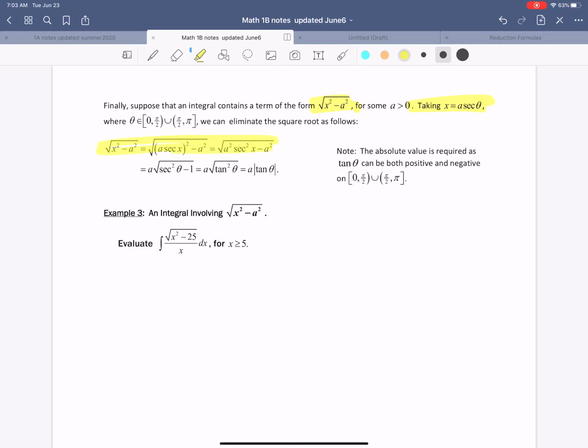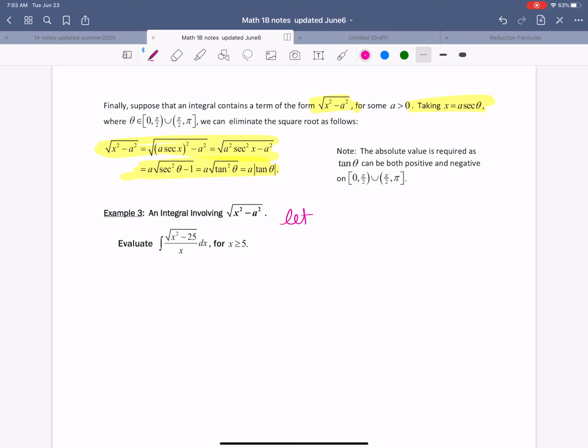If I let x be a secant theta, we would be able to use our trig identities, Pythagorean identities, and have just a tangent theta out without any secant theta hanging out there. Okay, so let's go ahead and look at an example of this kind now, where we have x squared in the front, x squared in the beginning.